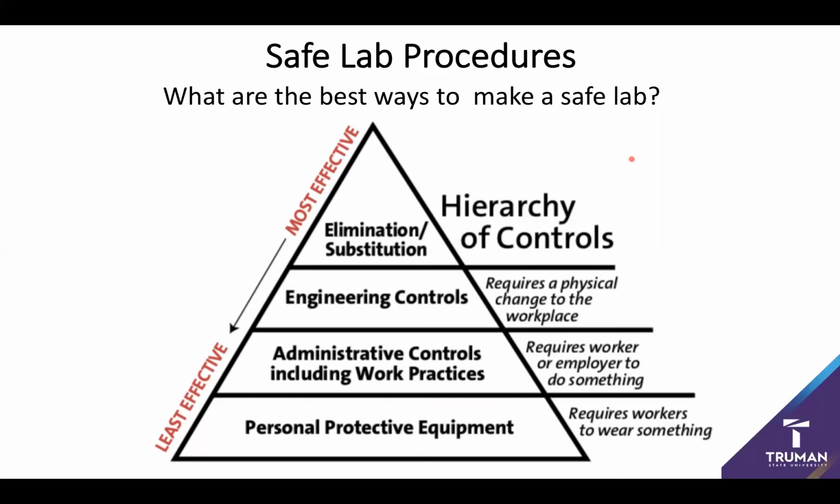So again, these are some of the things that you should watch out for with chemical labeling, which again helps bring us to a general idea of what ways we can go about trying to make a lab safe. And as we've seen, one of the biggest things that we can do is just make sure that everyone is aware of what dangers are present in any sort of materials that you're working with. But in general, the most effective thing you can do is try and eliminate any dangerous or toxic chemicals from typical practices in the lab.